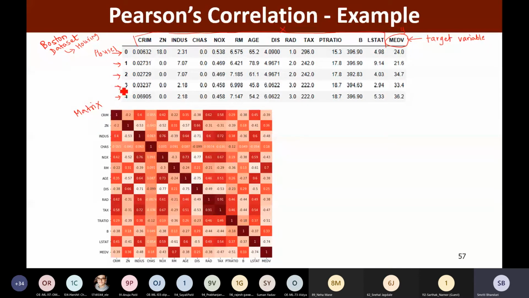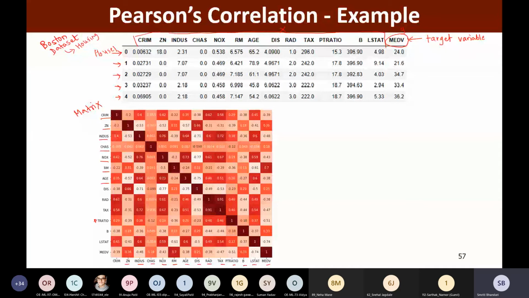For example, the first feature that we have is CRIM. All the rows in this matrix depict individual features, and the columns also depict individual features.